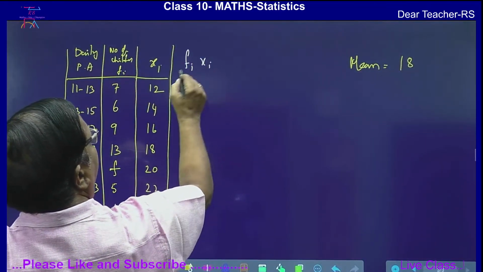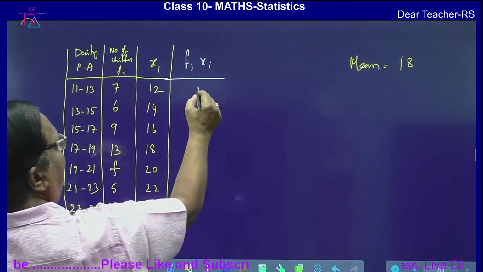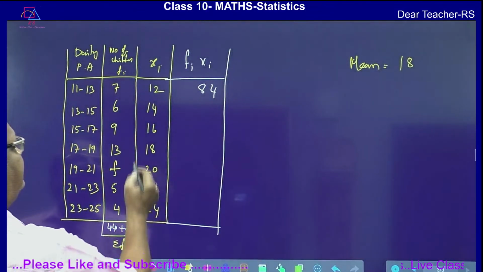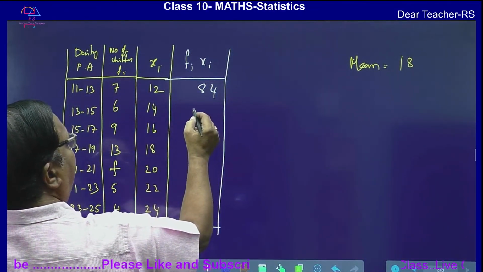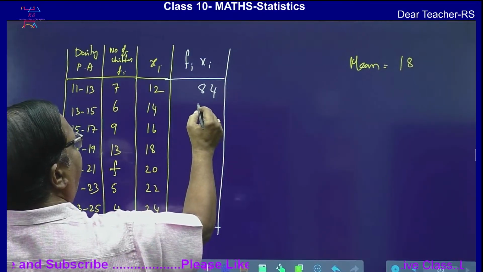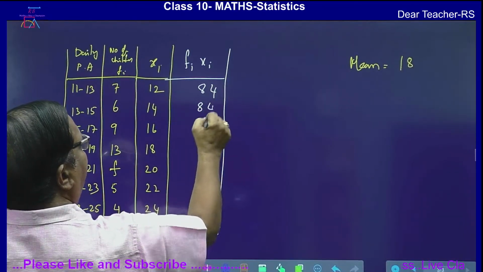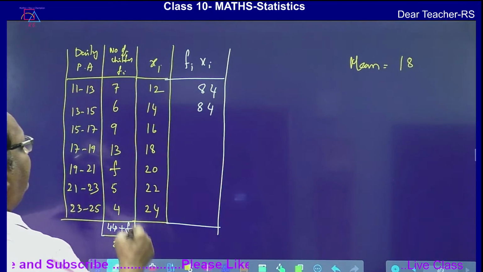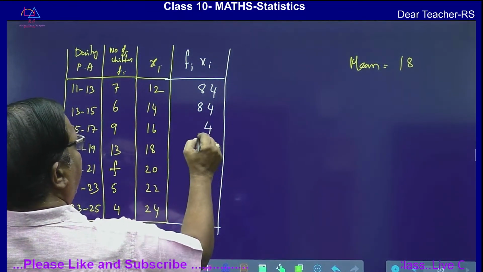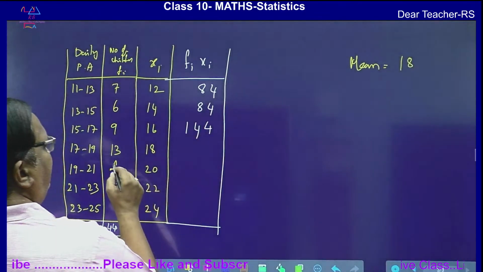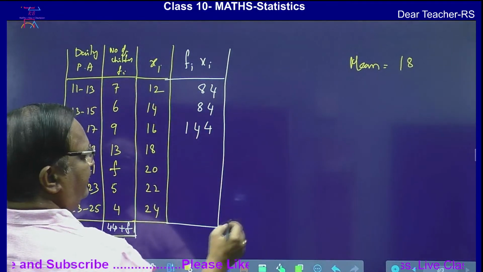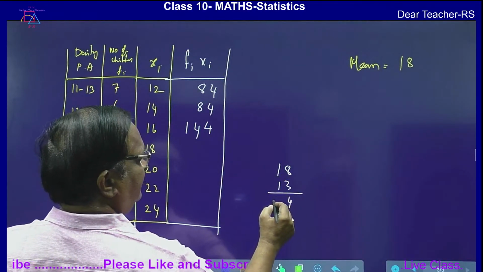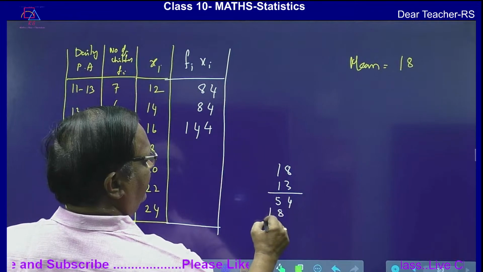Fi xi. Okay, 7 12s are 84. 6 14s are 84. 9 16s are 144. 13 18s are: if you don't know, you multiply like this. 8 3s are 24, 3 1s are 3 plus 2 is 5, so 234.